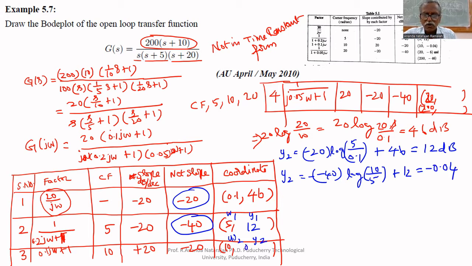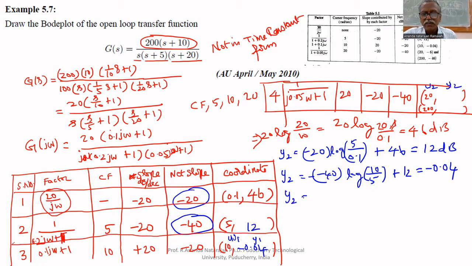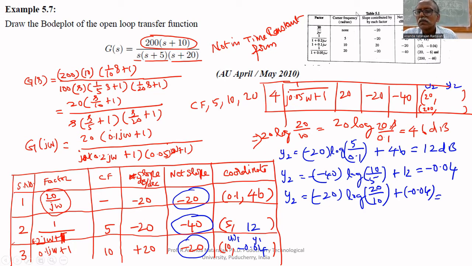Then y2 equals, the previous slope we have to put, minus 20 log of ω2 is 20 divided by 10, plus minus 0.04. That is equal to how much? Minus 6.